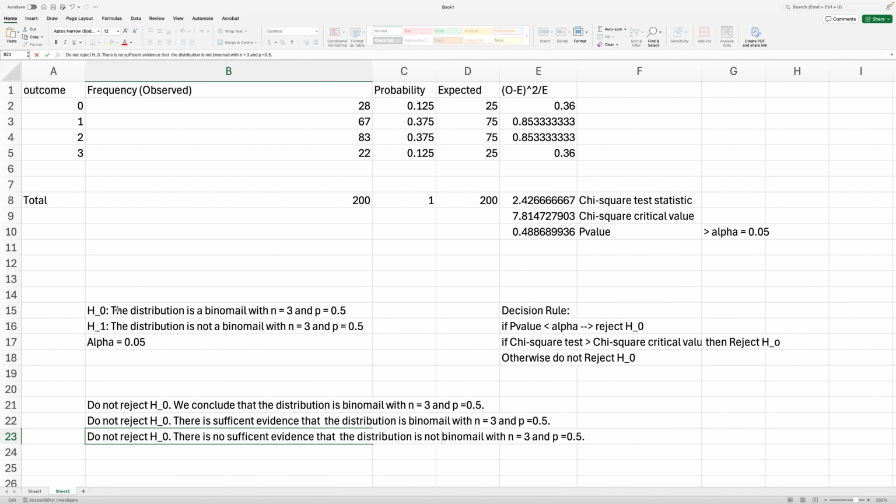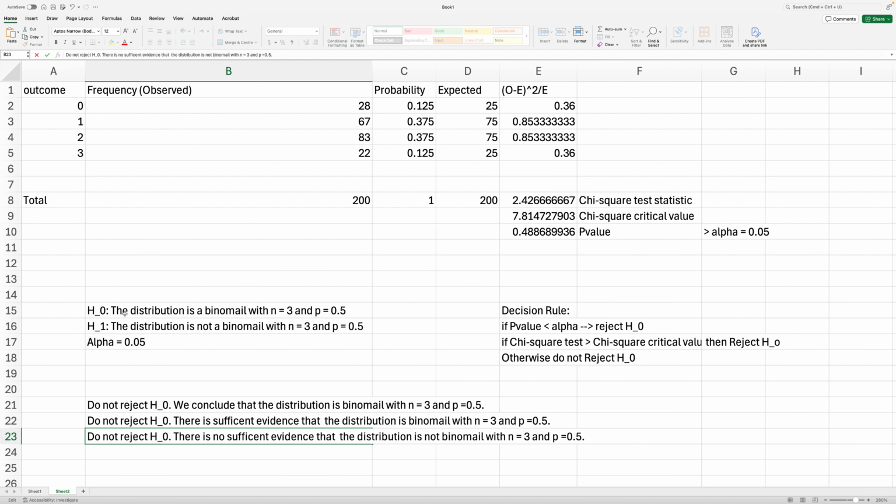So what the null hypothesis said for our case is acceptable. So the distribution is binomial. This is the first way of the conclusion. Or we can say yes, we don't reject the null hypothesis, so in this case, we agree with what the null hypothesis said. So the distribution is binomial with n equal 3 and p equal 0.5, and we have evidence for this.